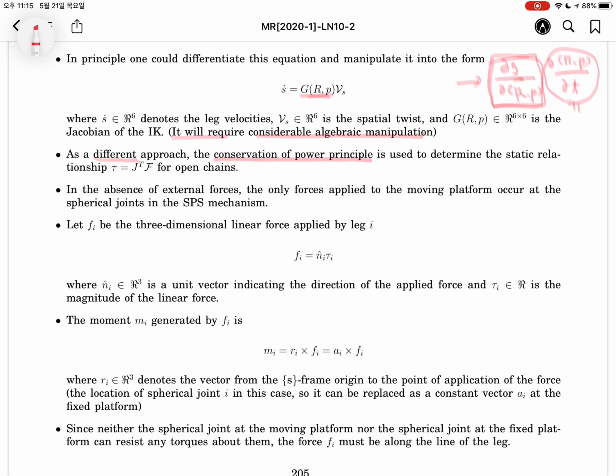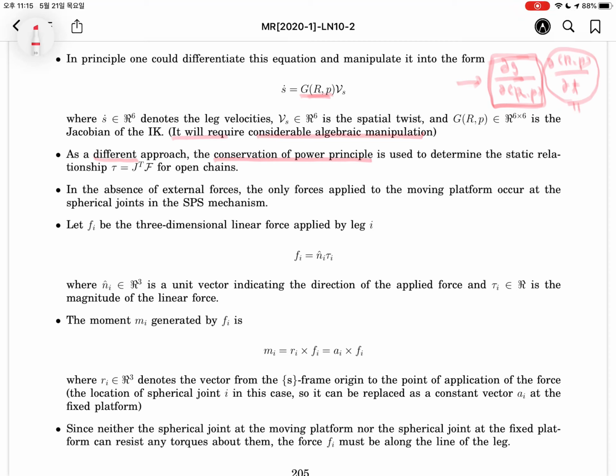It will provide the Jacobian, the inverse Jacobian, as screw axes. The conservation of power principle is used to determine the static relationship. Maybe you know tau is equal to J transpose F for the open chain. This concept will be applied to the parallel mechanism.